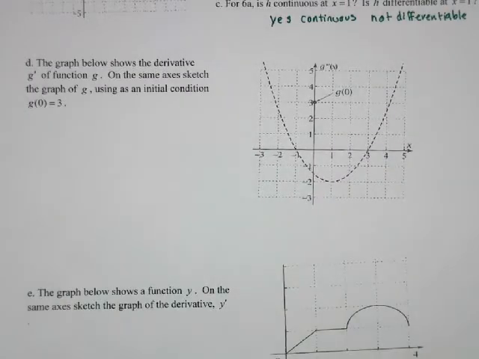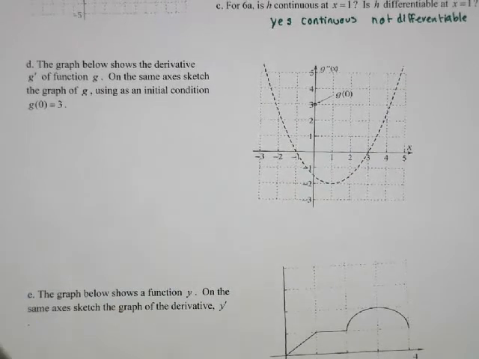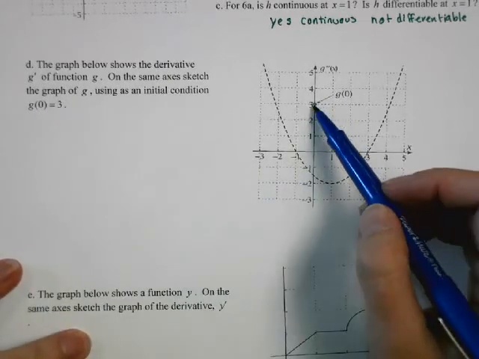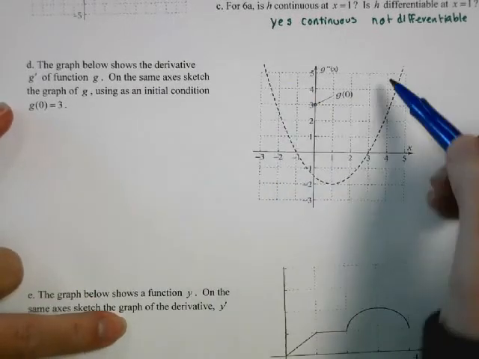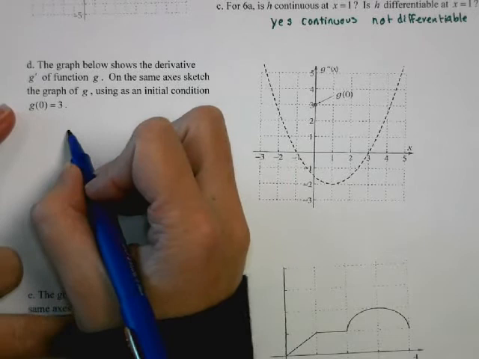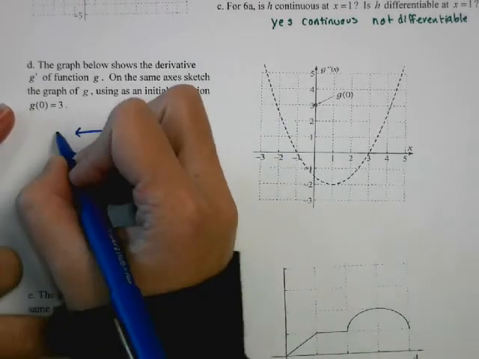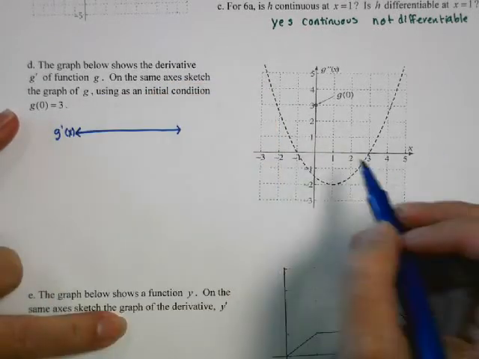This next one, we have the derivative graph, and we're going to graph the original function using the fact that we have an initial condition of g of 0 is 3. So I'm going to take this information and put it on a number line. So we have the graph of g prime.